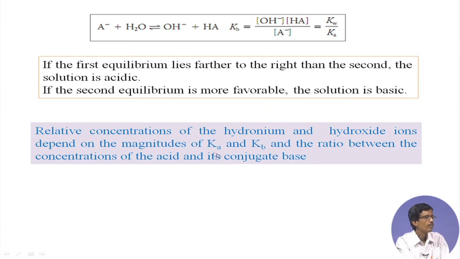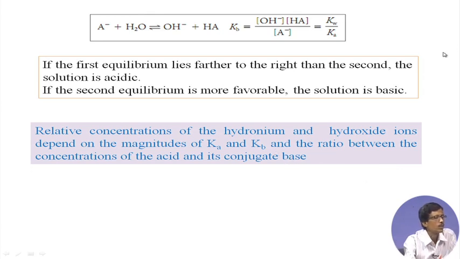So, we can have the relative concentration of hydronium and hydroxide ions, one for the acidic nature and another for the basic nature. The conditions are dependent on this Ka value, and previously we have seen the Kb value, Ka and Kb, and the ratio between the concentration of the acid and its conjugate base.